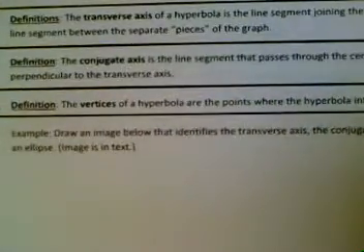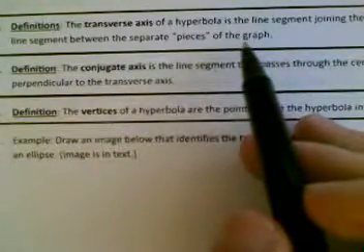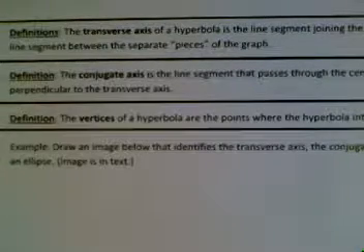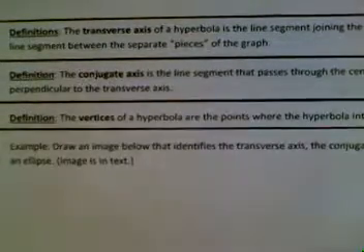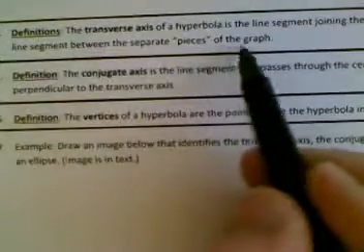The transverse axis is specifically the shortest line segment between the separate pieces of the graph. This is the best way to state it; I'm not sure exactly how they state it in the textbook or mathematically. But again, it is the shortest line segment between the separate pieces of the graph.